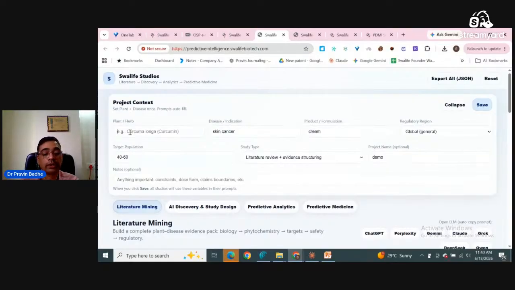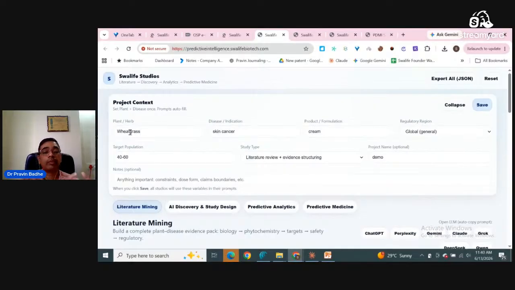You can do that. So for this demo, I will go with, let's say, wheatgrass plant. Now I am actually starting with a plant and I want to develop a formulation with small molecules from the plant.